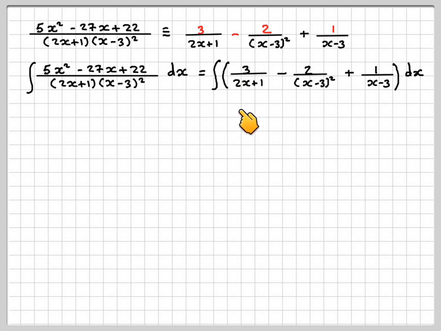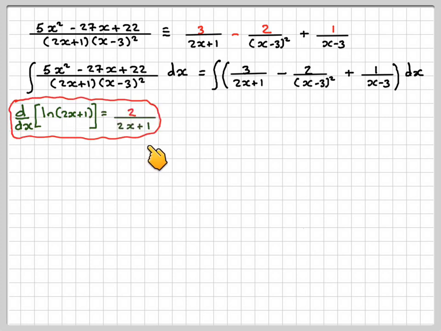Right, this is going to be an ln type, so let's just try differentiating ln of (2x + 1). If we do that, we're going to get 2 over (2x + 1), and we wanted 3 over it, so we're going to have to multiply by 3/2 in order to just end up with the 3 on the top, and the 2 cancels out.